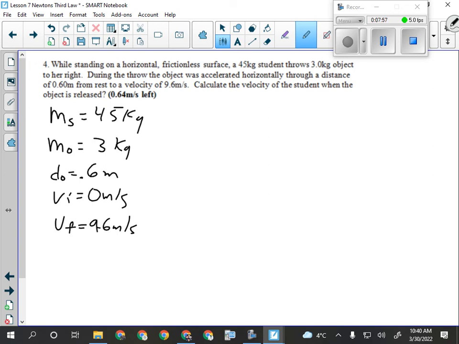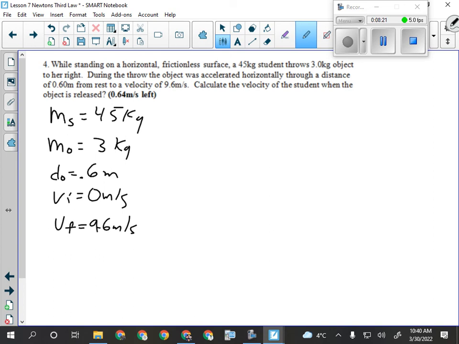So the initial velocity of the student is also going to be what? 0. She wasn't running when she threw it. At least it doesn't say that, so I have to assume she wasn't. So what I'm going to do first is recognize that the force on the student and the force on the ball are equal but opposite in direction.